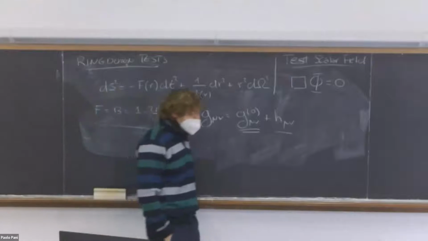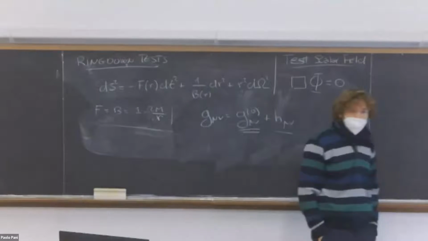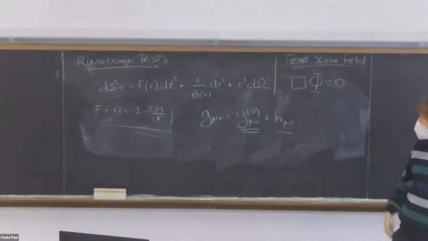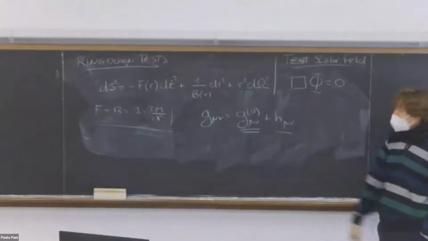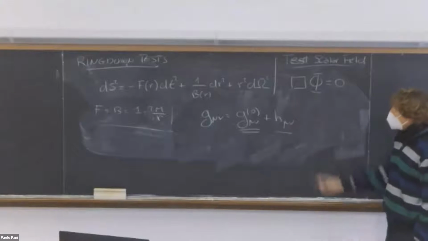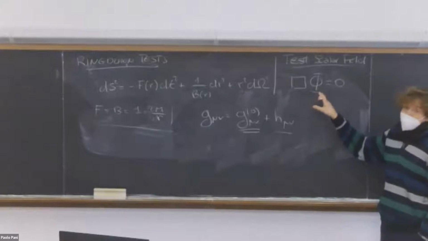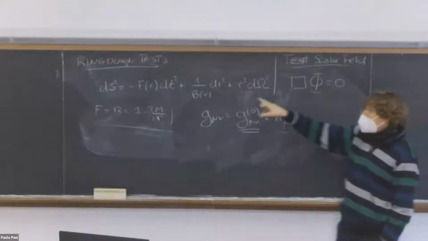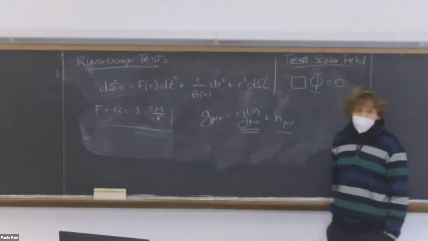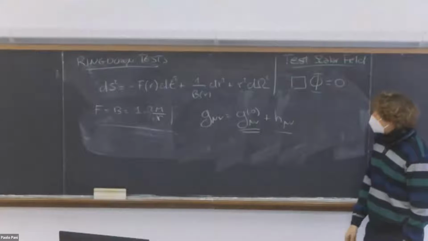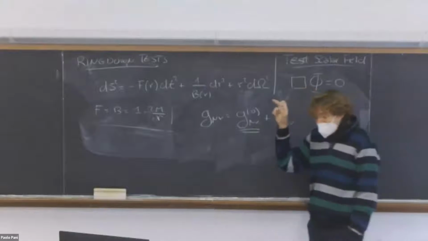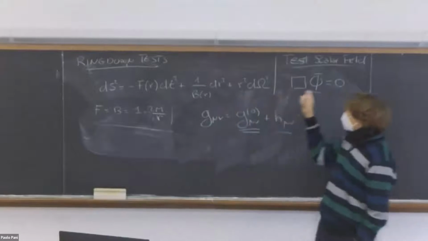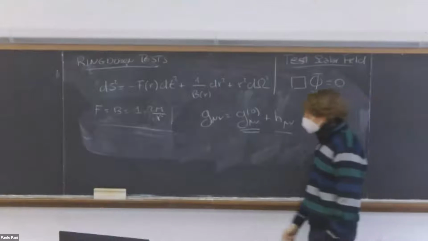So I will neglect the back reaction of this scalar field onto the geometry. I just want to study how this propagates in this curved geometry. And this is much simpler because I don't need to specify any theory. It will only depend on the background geometry.